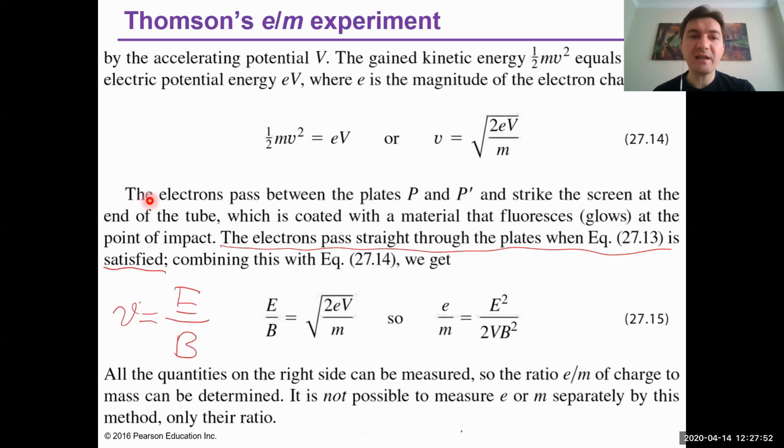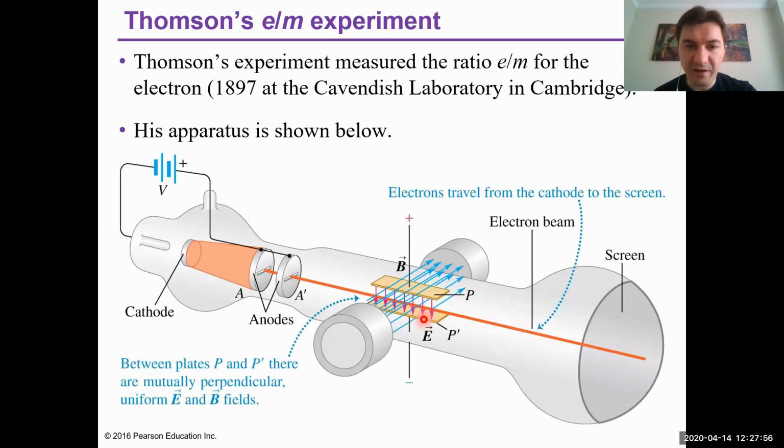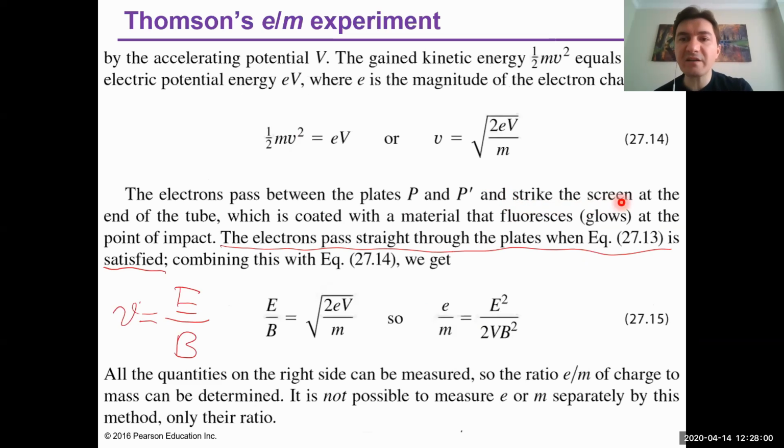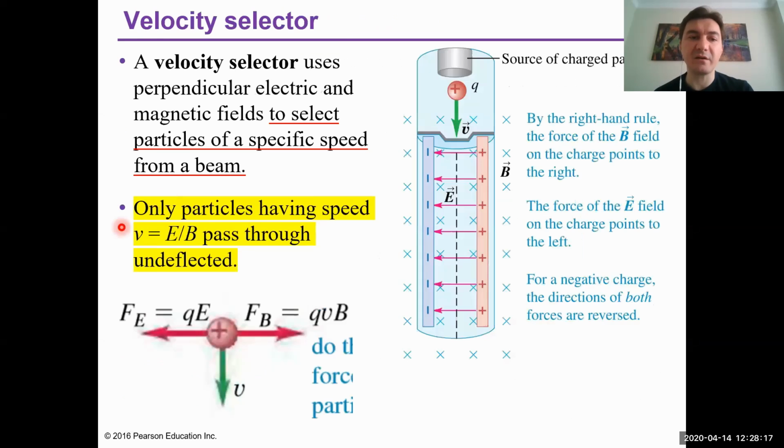So the electron passes between the plates P and P prime, where we have an electric field, and strikes the screen at the end of the tube, which is coated with a material that fluoresces at the point of impact. The electrons pass straight through the plates when this condition is satisfied, as we have discussed here, okay?